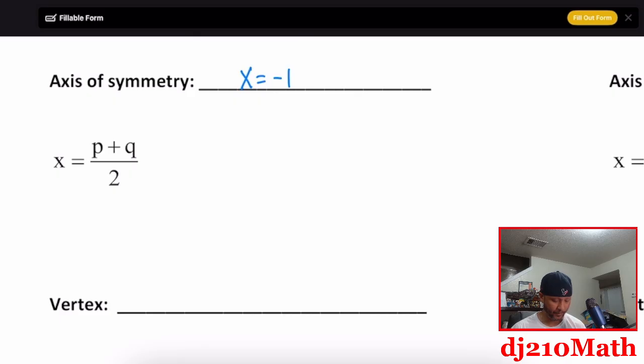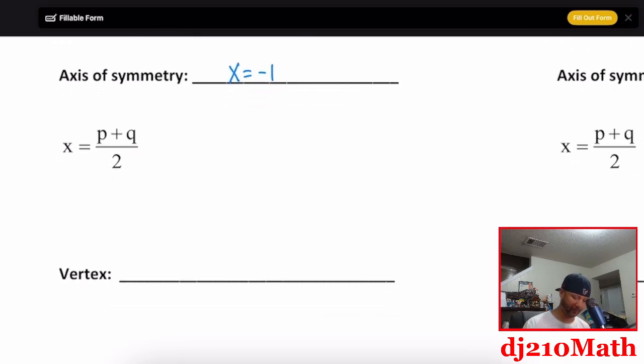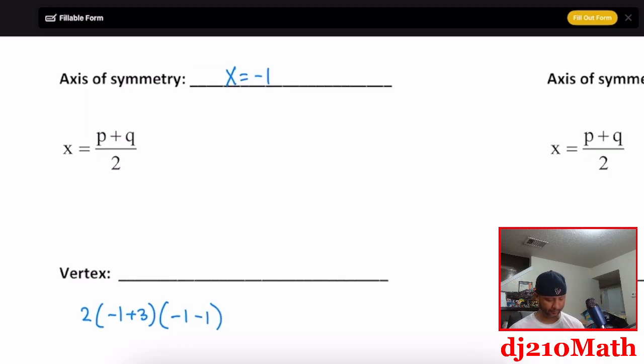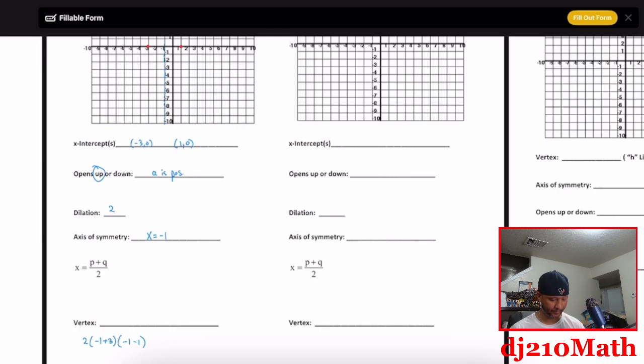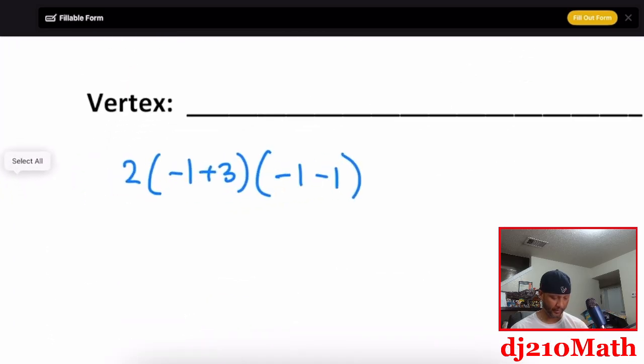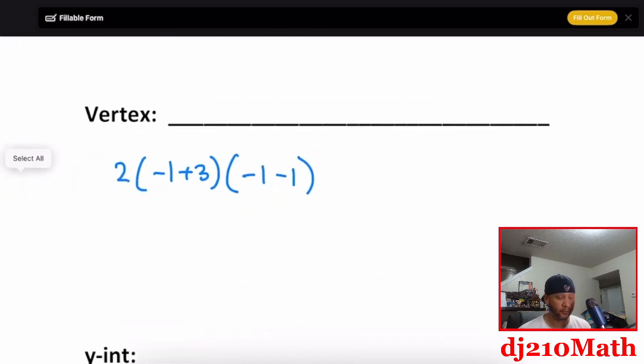Vertex. Vertex is going to be 2 times -1 plus 3, -1 minus 1. I'm doing that from memory. Plus 3 minus 1. Yep. Okay. Let's crunch some numbers.